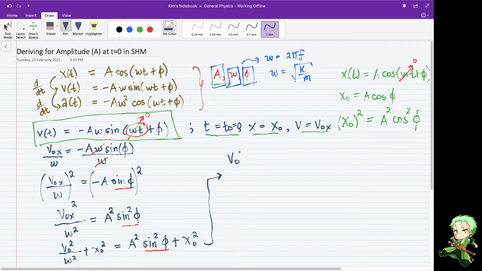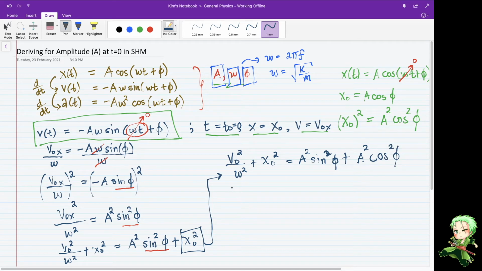We have v naught squared divided by omega squared plus the x naught squared is equal to A squared sine squared phi, and then you add this term x naught squared. So you have found out that x naught squared is A squared cosine squared phi. So you add that plus A squared cosine squared phi.